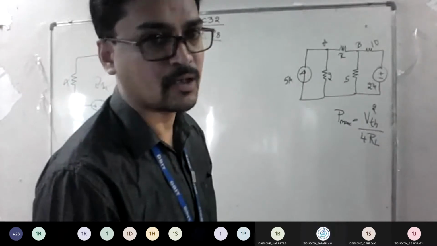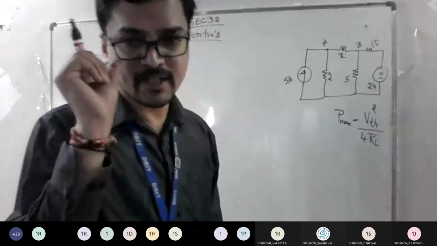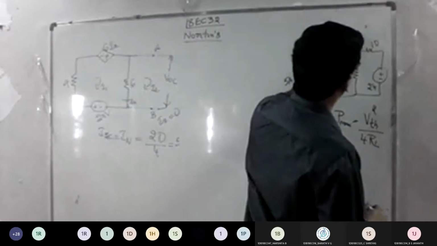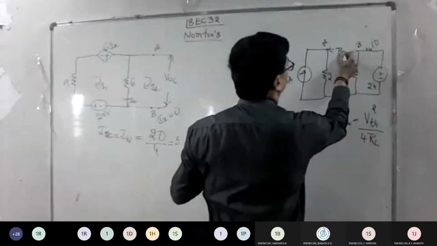Yes. Okay, so stick to the procedure. What is the first thing you need to find in the Thevenin circuit? R equivalent. How will you find it here? Wherever the load is, this is the load, right? I am going to replace it with R equivalent.